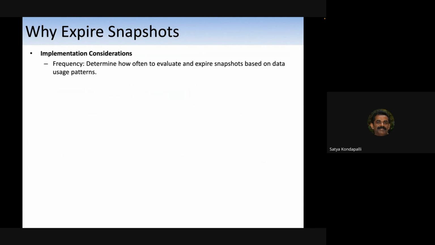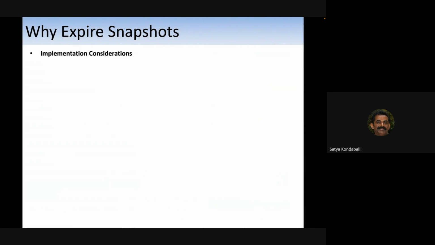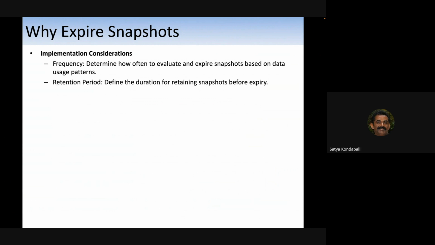So determine how often you want to expire, and as I said, there is nothing like standard policies. Again, it depends on your requirement, your time travel, your performance, how often you're doing updates and deletes, and all those things. It's going to be part of your maintenance procedure.